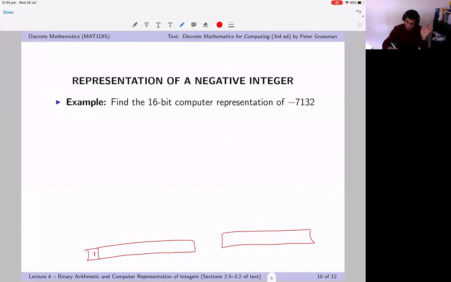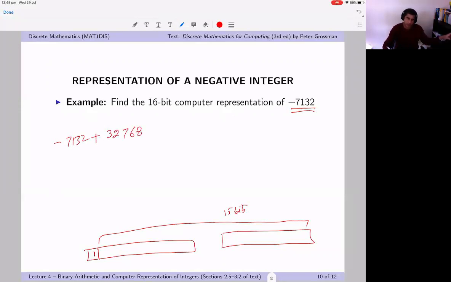So 1 would go there, and this 1 indicates that this number is negative. Now the remaining 15 bits, from here to here, are the binary representation of -7132 plus 32,768.